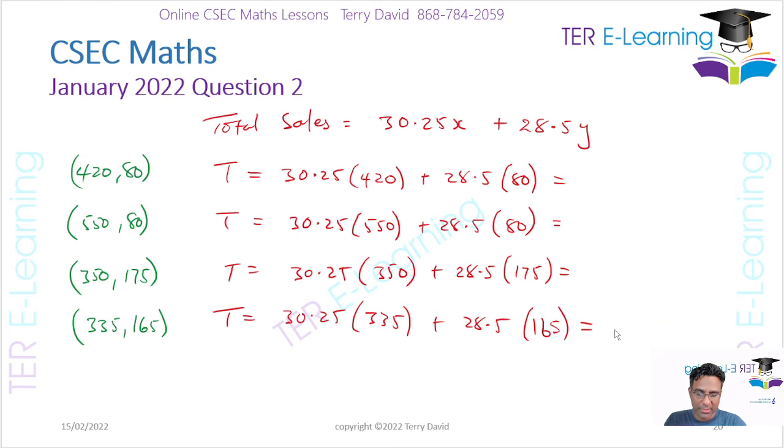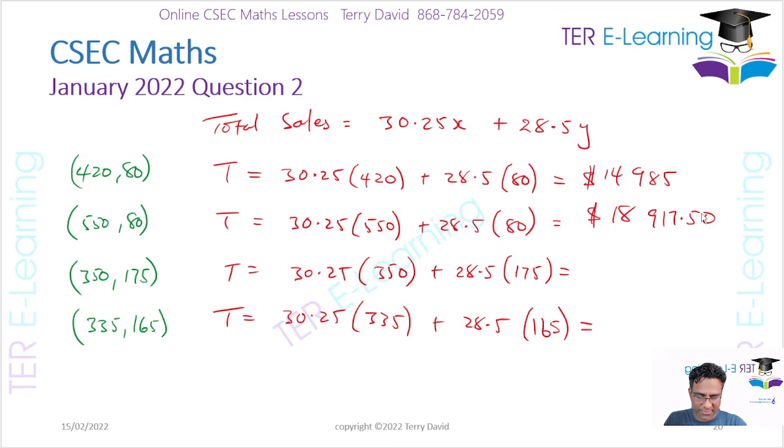So 30.25 multiplied by 420 plus 28.5 by 80, close the brackets, you're going to get 14,985. The next one is going to be 30.25 multiplied by 550 plus brackets 28.5 multiplied by 80, and what I'm getting here is 18,917.50.